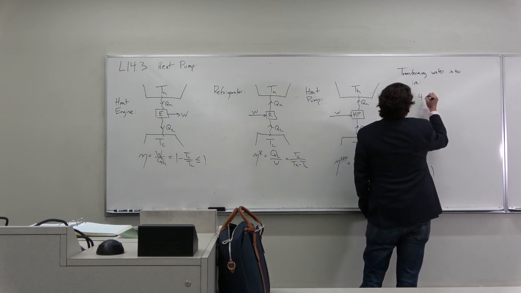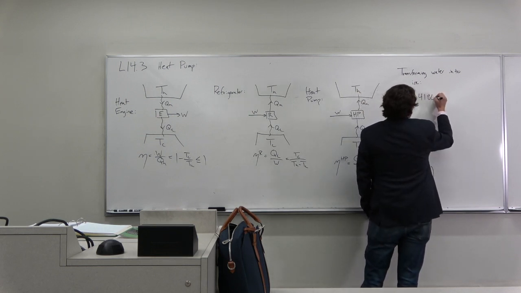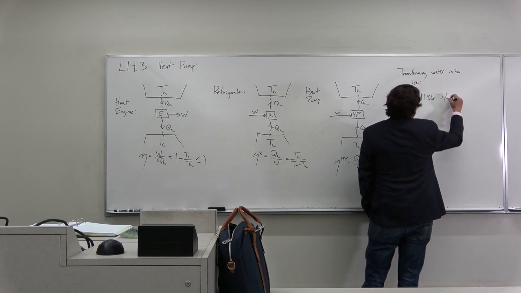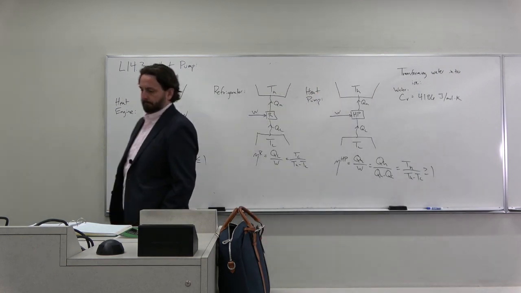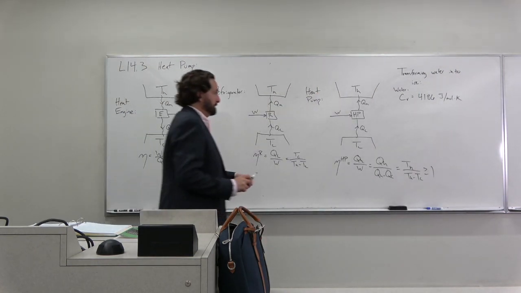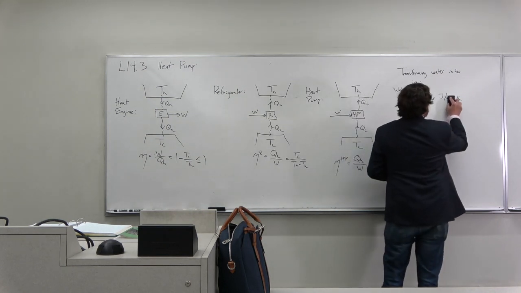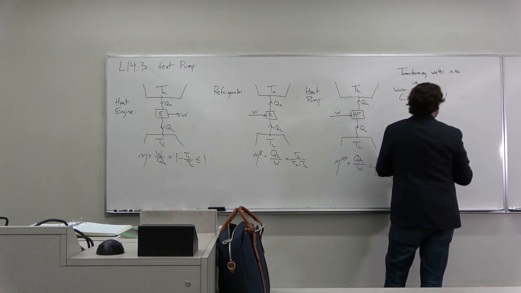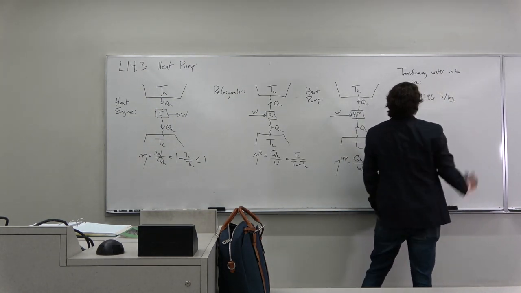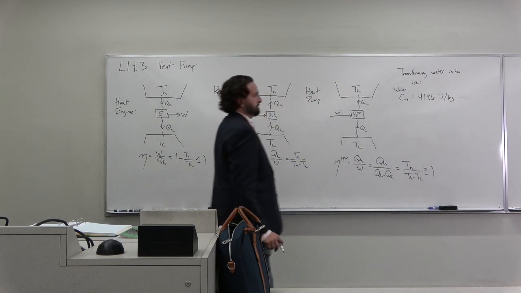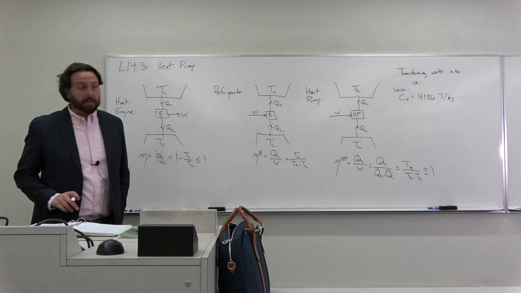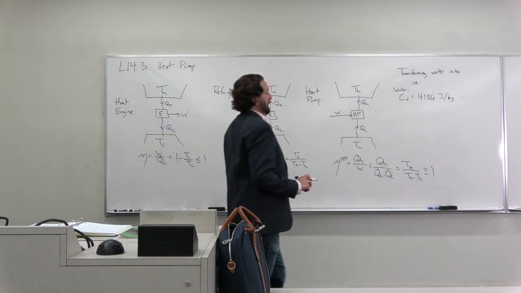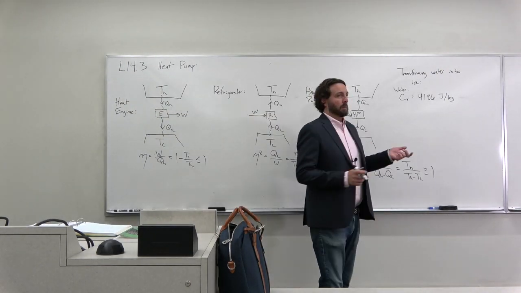It was 4186 joules per kilogram K. That was C. But the one issue here is, we just get our water cold.